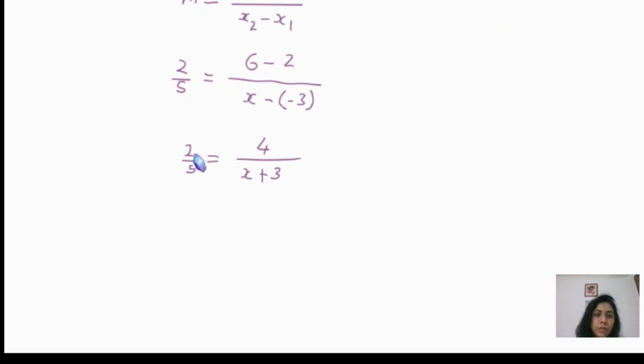One is you can simply make the same denominator. So here you have to multiply by 5 and x plus 3. So make the same denominator. Otherwise you can cross multiply, like 2 multiply x plus 3.